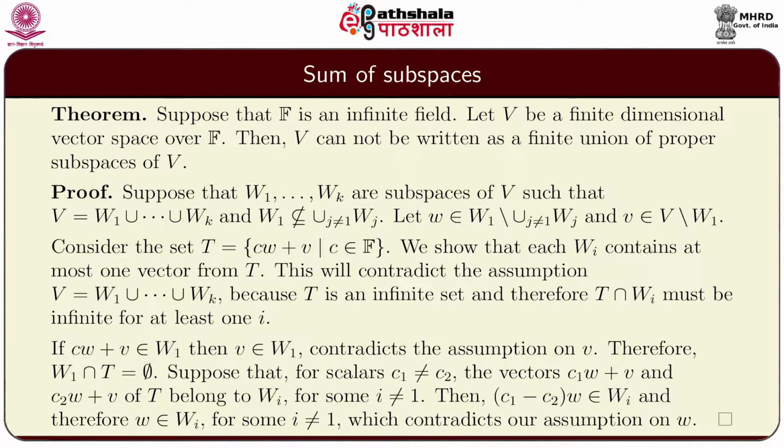Subtract these two vectors and then we get (c1 minus c2) times w, and that must belong to Wi because Wi is a subspace, and therefore, c1 minus c2 being a non-zero element in the field, we get w belongs to Wi for some i not equal to 1, which again contradicts our assumption on w because we have chosen w which is in W1 but not in the union of Wj for j not equal to 1. That means w belongs to the subspace W1 and avoids all other subspaces from W2 to Wk. This completes the proof.